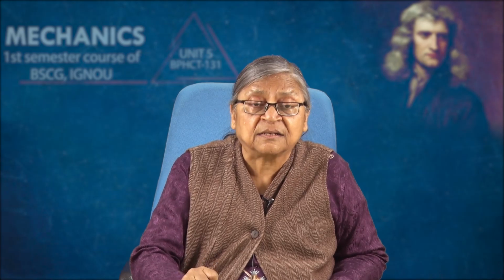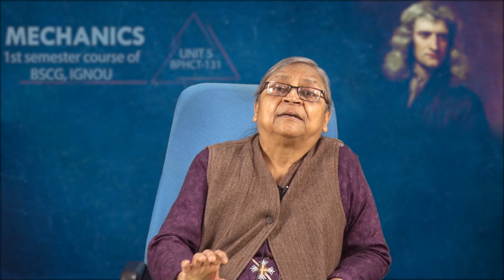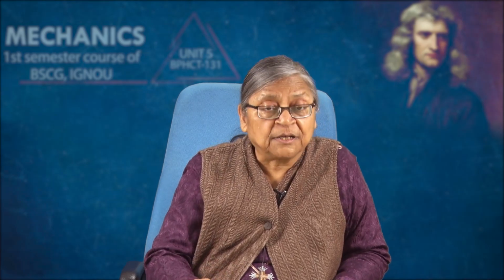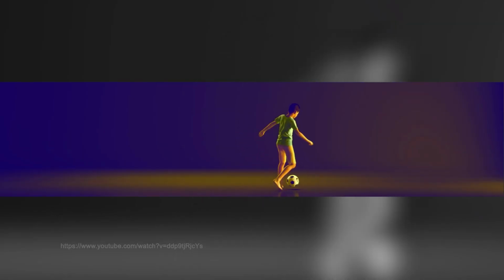And when we ask what is the net force being applied on an object moving with constant velocity, they do write some finite force, whereas it is 0. Always remember, if the object is moving with constant velocity, the net force, every time I am saying the net force on it is 0.